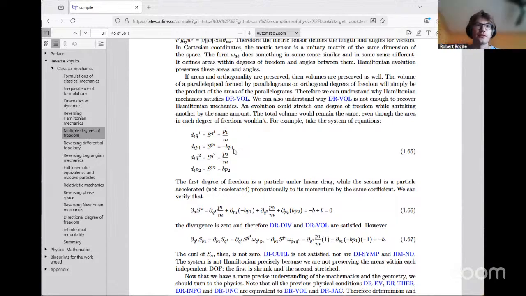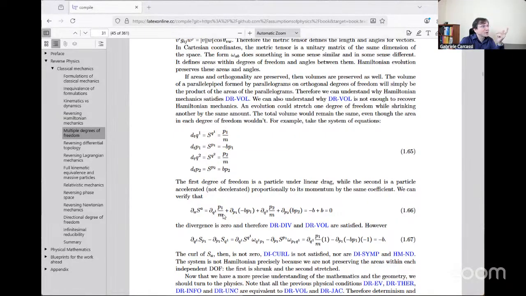The first degree of freedom is a particle under linear drag, while the second is a particle accelerated, not decelerated, proportionally to its momentum by the same coefficient. We can verify that the divergence is 0. And yes, exactly.